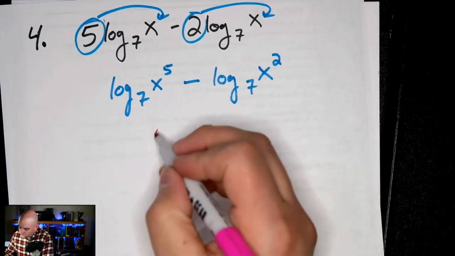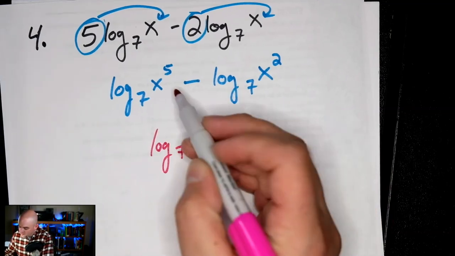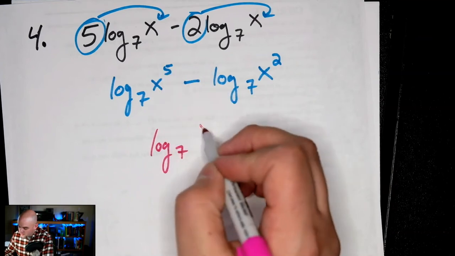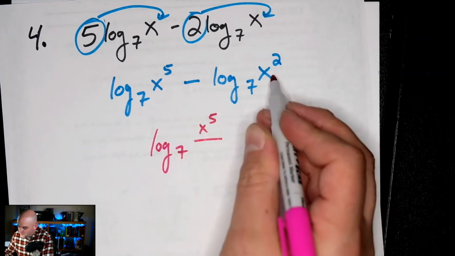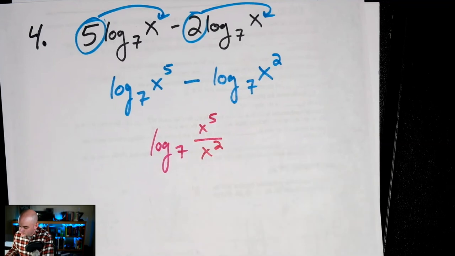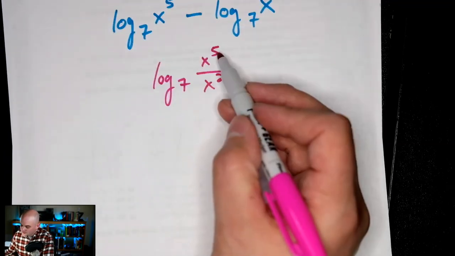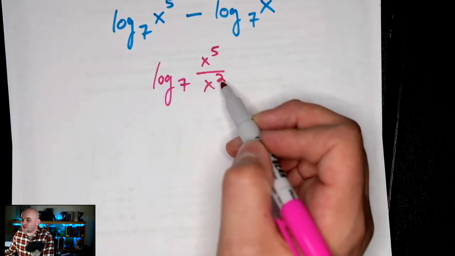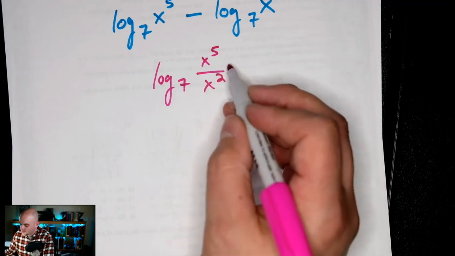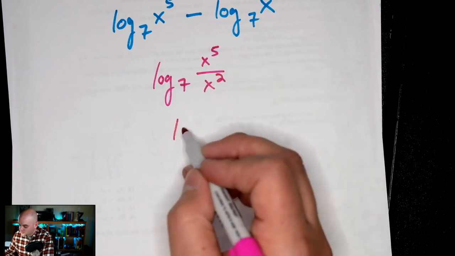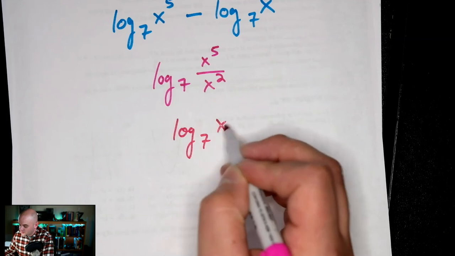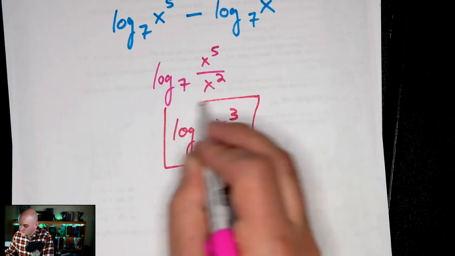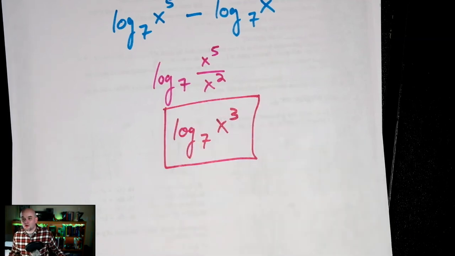So that's going to give me log base 7 of, this number goes first, x to the 5th divided by x squared. And then going back to algebra, remember when you have x to the 5th being divided by x squared, we're going to subtract the exponents, and I get log base 7 of x cubed. That's my logarithm there.